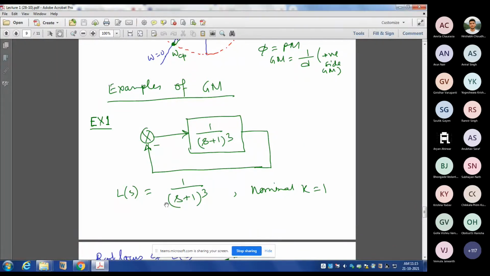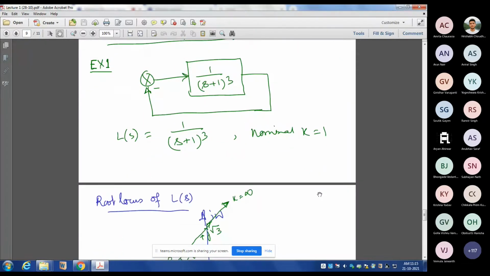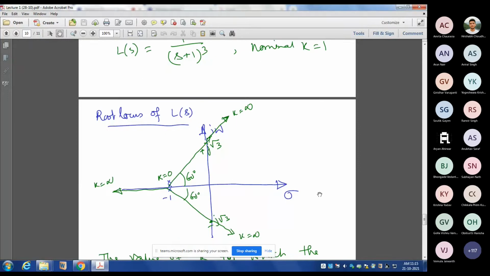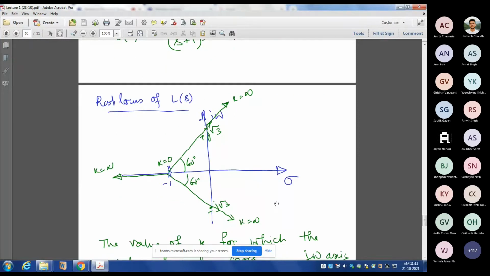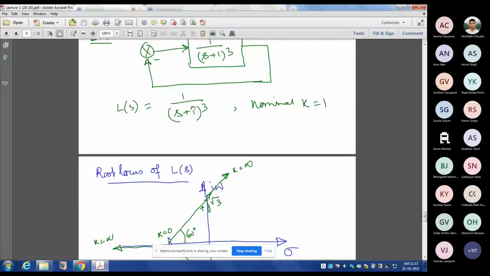That means the nominal gain k, since this is a direct path, is equal to 1. Now what is the gain margin of this system? We will find the gain margin using the root locus. You can easily see that the root locus of this system will be like this.